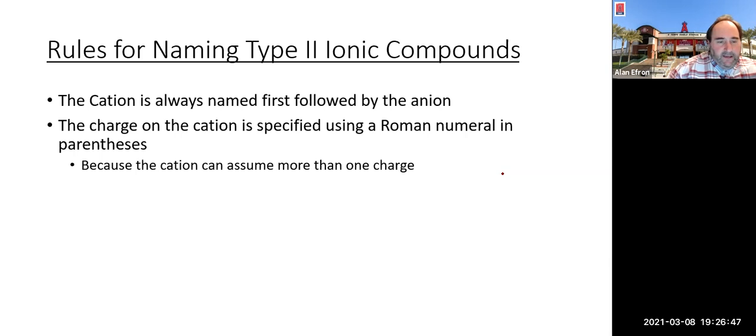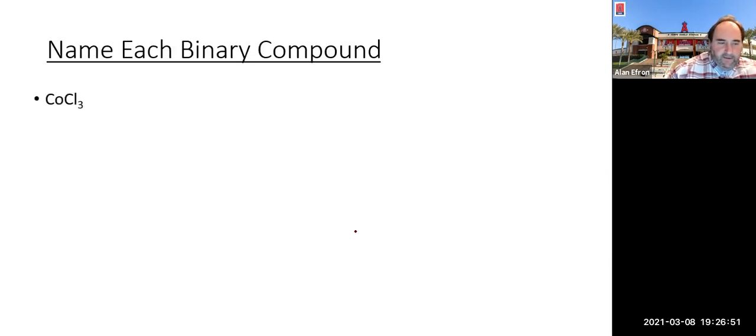So why don't you maybe try some here and see what you come up with. I think you have that guy, you have this guy, you have this guy. And while we're at it, let's give you some names and see if you can write the proper formulas.